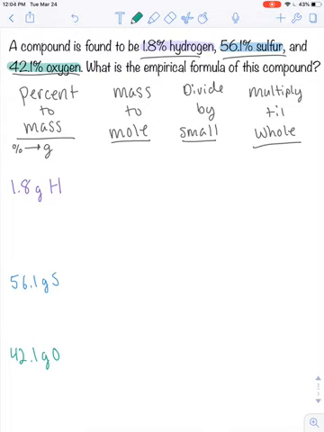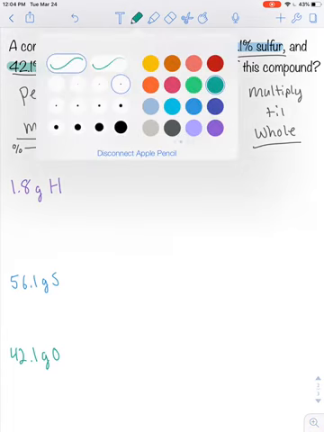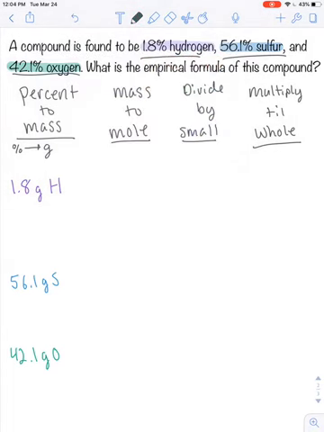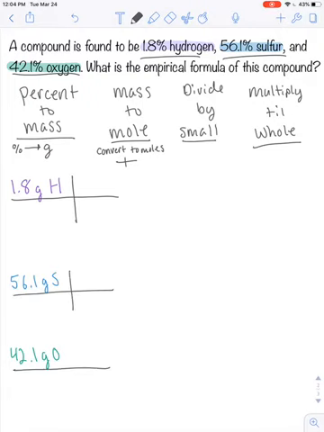The second step is mass to mole. For mass to mole, we're going to convert our grams to moles. That is going to require a T-chart, always going to be a T-chart. So I'm just going to take the numbers that we've already written and turn those into our T-charts. We know that this is our given for each of these 3. And we're going to go through our normal steps.